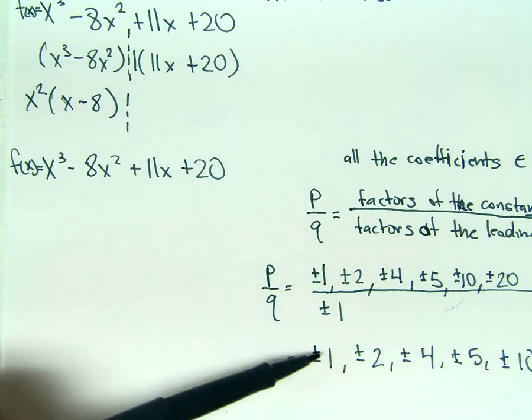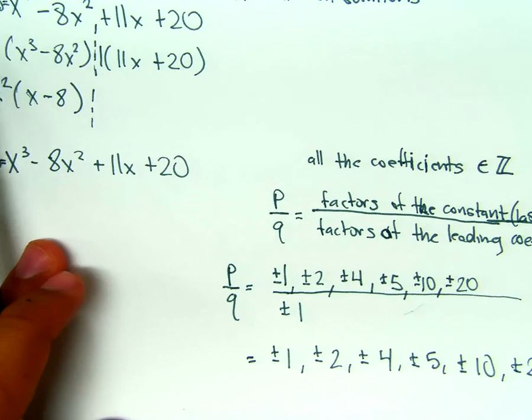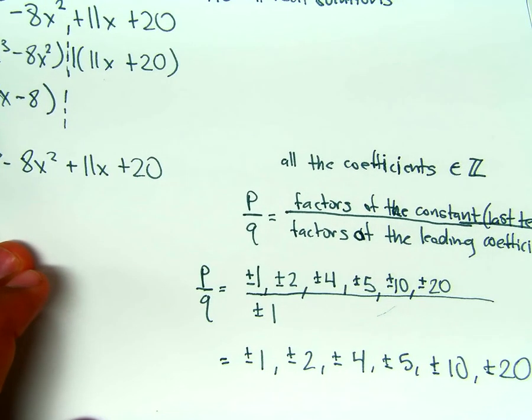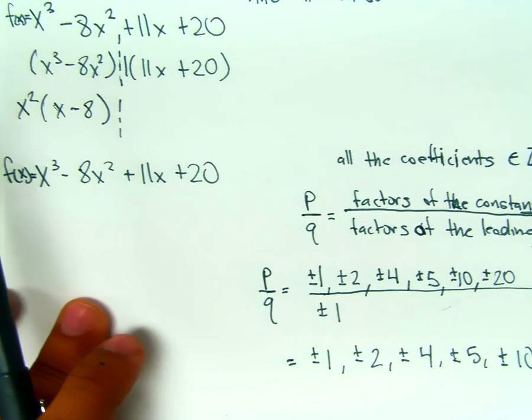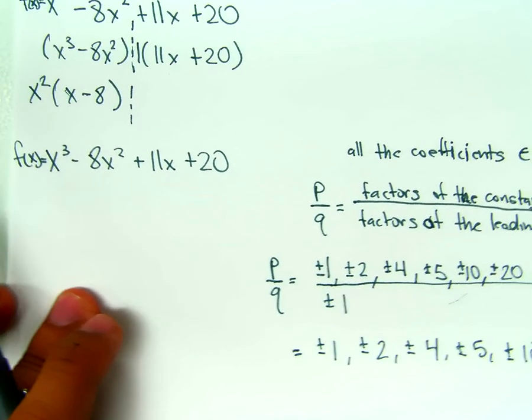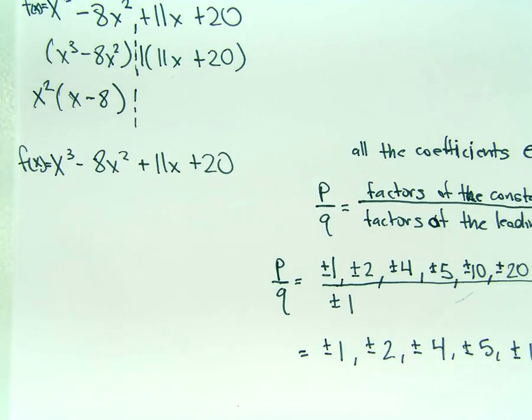So now we only have how many? Close. It's plus or minus. So now we have 12. So what would you rather have? 12 to test or infinity to test? 12. Yeah, me too. So what we're going to do is we're going to use synthetic division, and this is kind of what I said earlier, that what we learned the last 2 weeks is all going to come together.